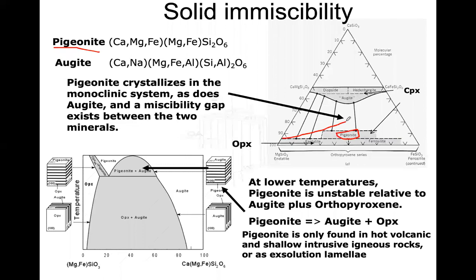This is actually not an orthopyroxene, and also it's not a clinopyroxene. But since it has a calcium component, people tend to categorize it under clinopyroxene. The calcium amount is not as rich as in typical clinopyroxenes.